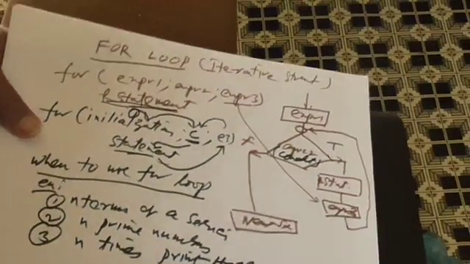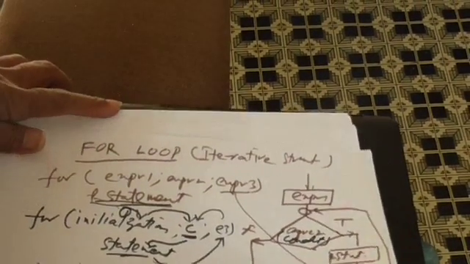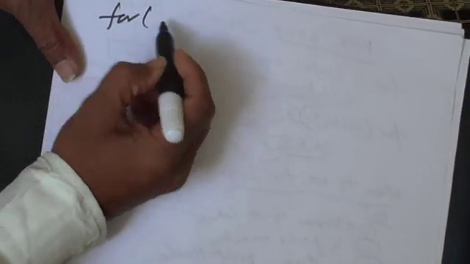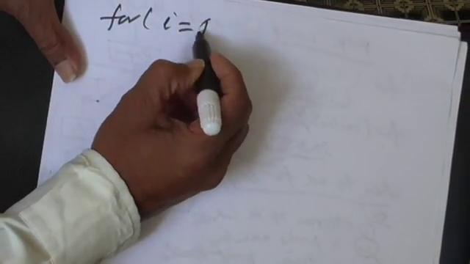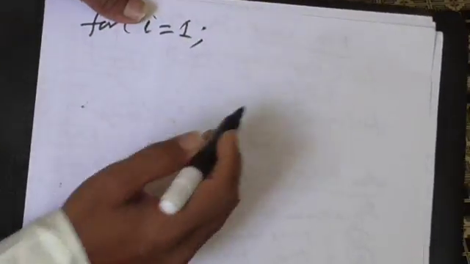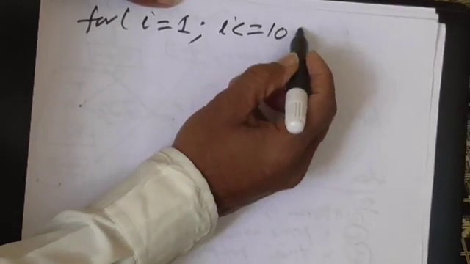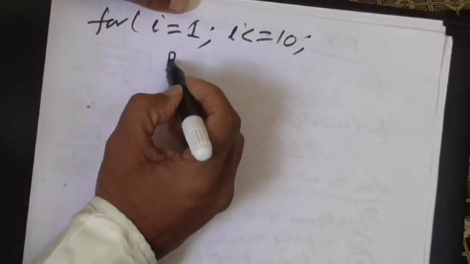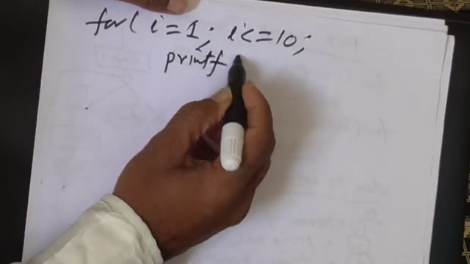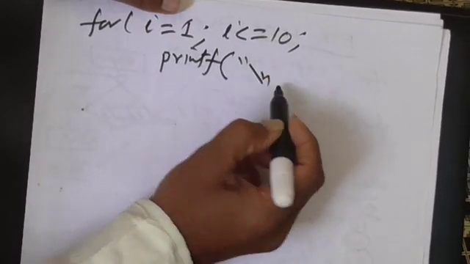To be more specific, how to write those statements. If I want to print your name or print hello 10 times, I write for (i = 1; i <= 10; i++) and printf hello. Here i is called a control variable, initialized only one time.